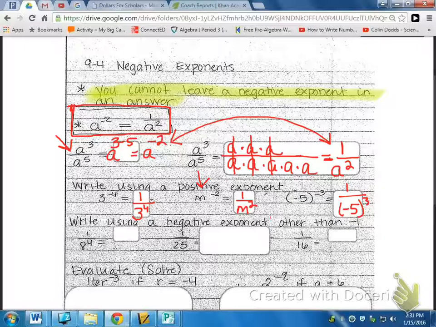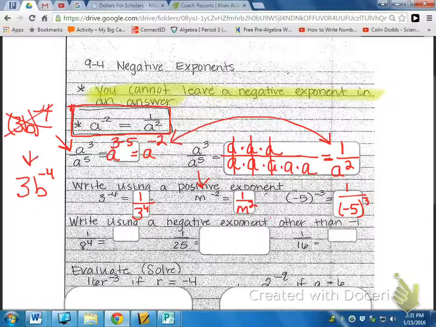Now, I'm going to add a problem to that section, and here it is. 3b to the negative fourth. Now, when I look at 3b to the negative fourth, only the b is to the negative power. If it was written in parentheses, 3b to the negative fourth, well then both of them would be, and that's not what we're doing.